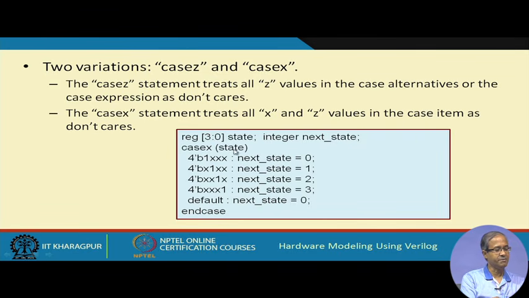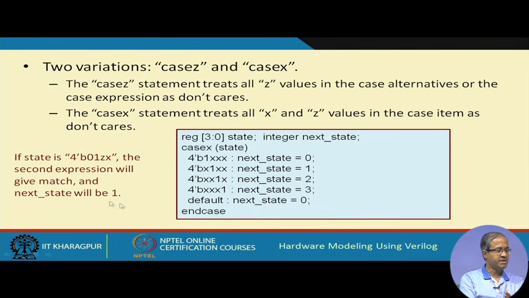They need not be xxx; they can be 01x, 01z, anything. So, this is how you can give it. Similarly, if the state is, say as an example, 01zx, the second expression will match 01zx, because x matches with anything, and next state will be 1.